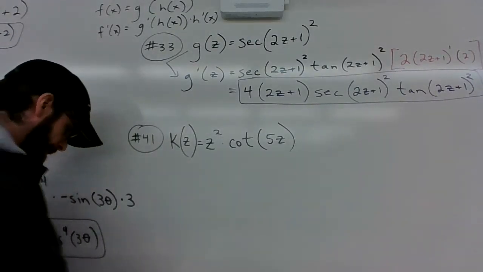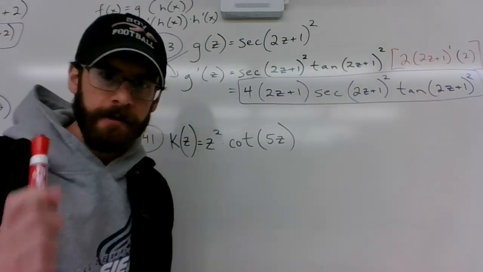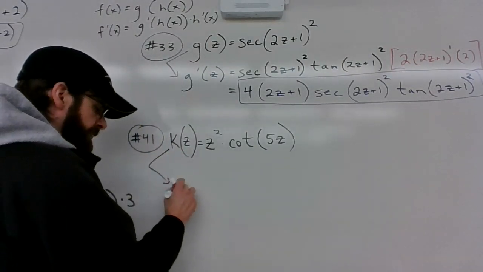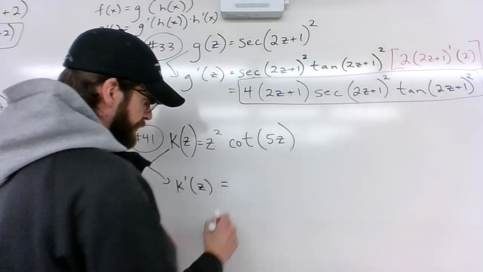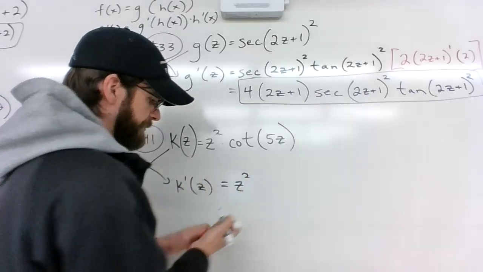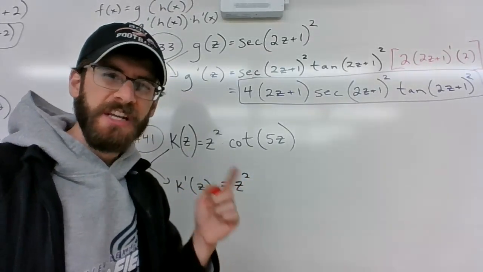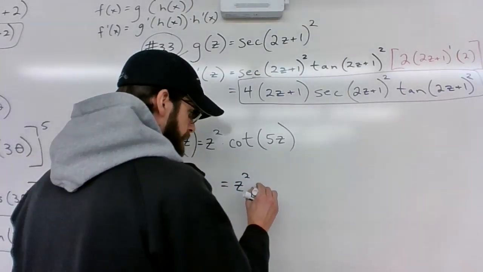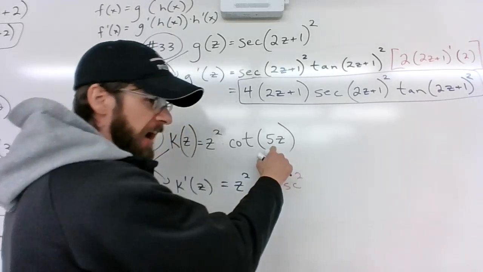See if you're right. We'll do rewrite in black, derivative in red. So the derivative of the function k is equal to the first times the derivative of the second. The derivative of cotangent is going to be negative cosecant squared of 5z.